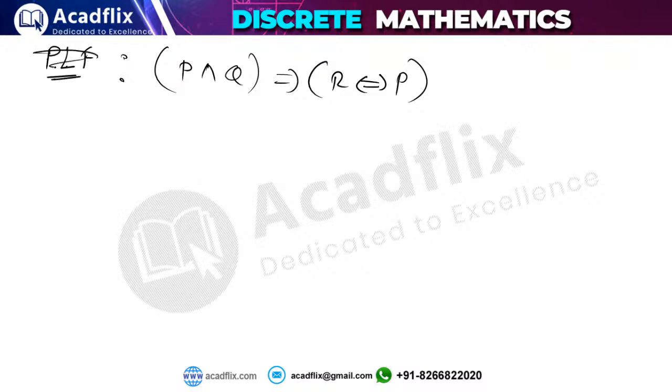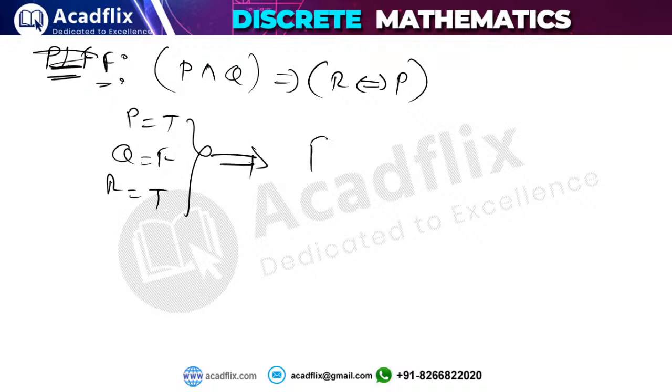Let's denote it with F. Now if P is true, Q is false, R is true, in this situation, what will be the truth value of F? Tell me, quickly try this question.